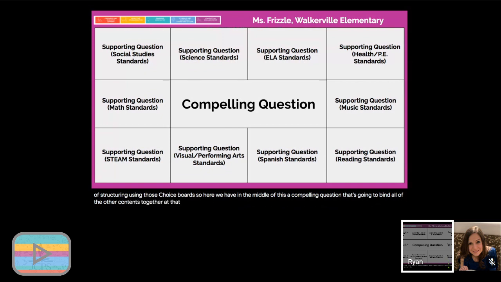We're using a compelling question as a gigantic umbrella that allows all these different disciplines to live. We'll go through how this compelling question does that, and how each of the different standards, each of the different contents, can be represented by what are known as supporting questions that will help build up student knowledge, agency, and so on towards being able to answer the compelling question.